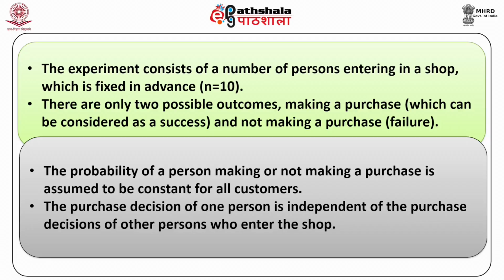Third, we know that the probability of a person making or not making a purchase is assumed to be constant for all customers. And fourth, the purchase decision of one person is independent of the purchase decisions of other persons who enter the shop. So since all the above mentioned four properties are present in this experiment, it can be termed as a binomial experiment. And an outcome, two persons making a purchase out of 10, is a binomial random variable.